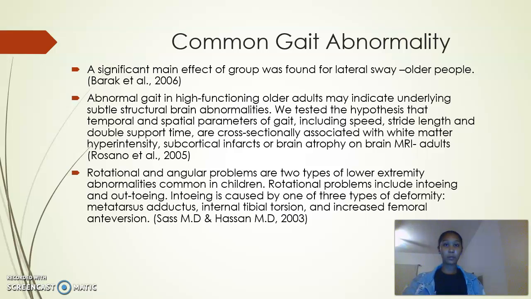Another abnormal function in older adults is, like I said, brain function. So them being able to connect their brain neurons to their muscles to move properly, that's also a common function seen in older adults and children.